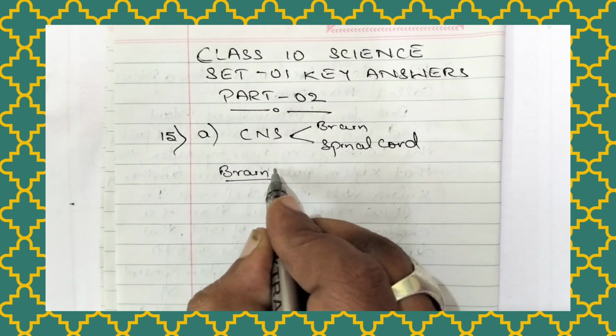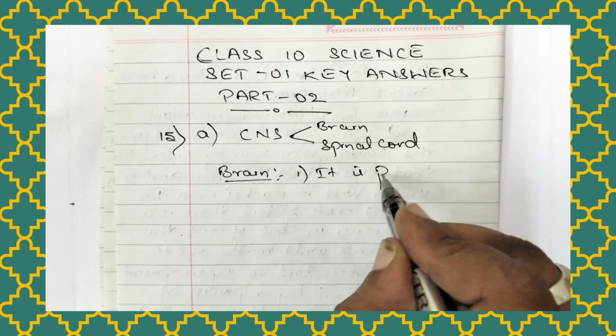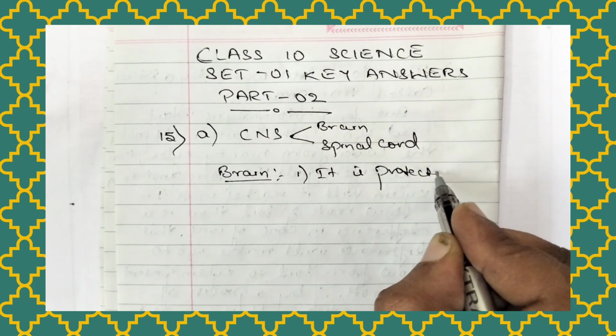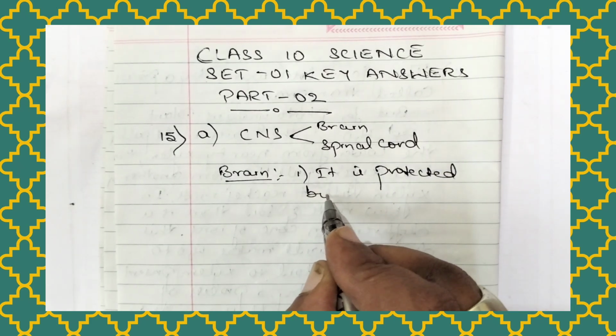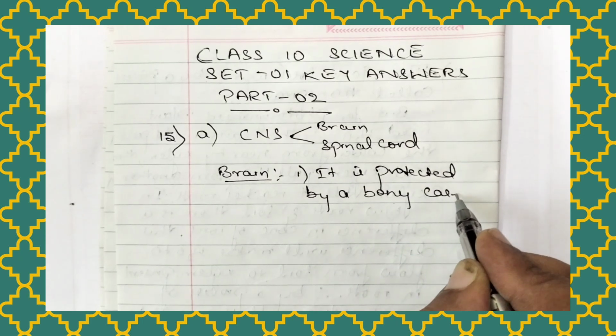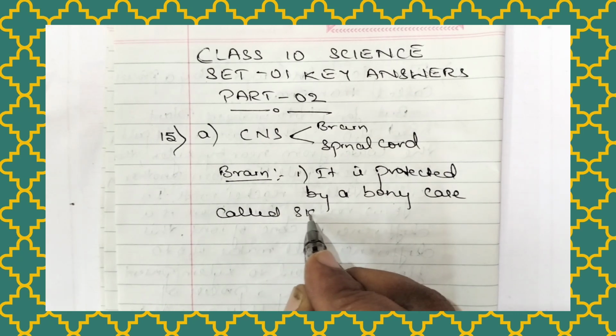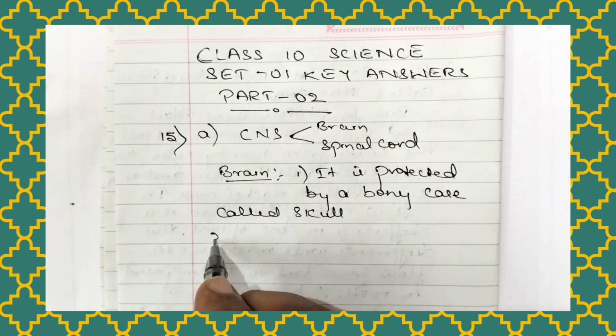First, the brain. It is protected by a bony case called skull. This is the first one.